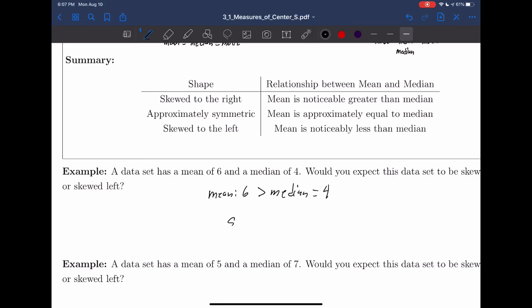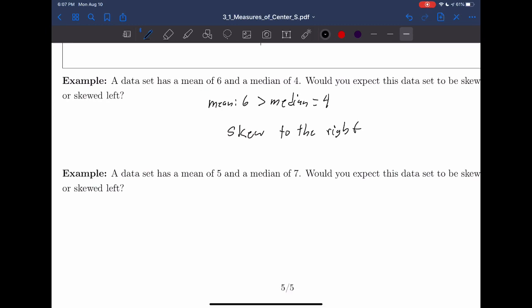So that means your histogram is skewed to the right. Kind of the same here. Let's say your mean was 5, and 5 is less than your median, which is 7. So from our little table, we know that this is skewed to the left.